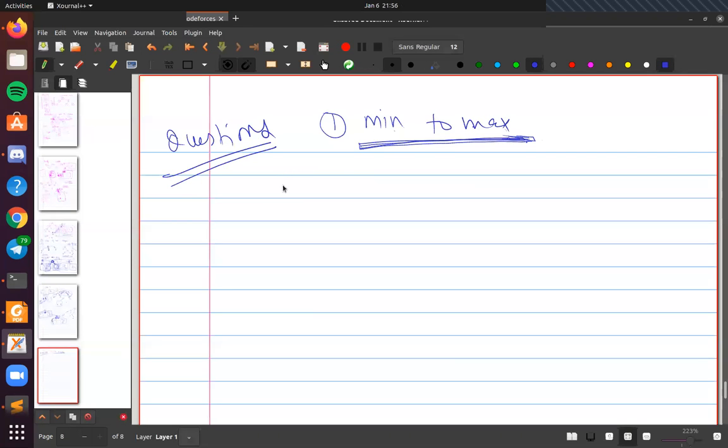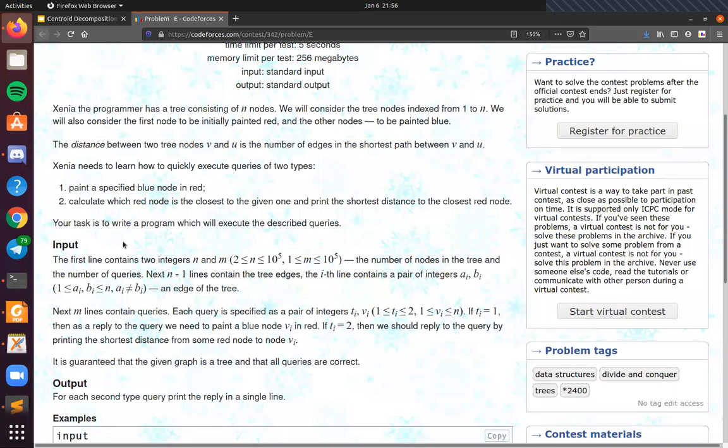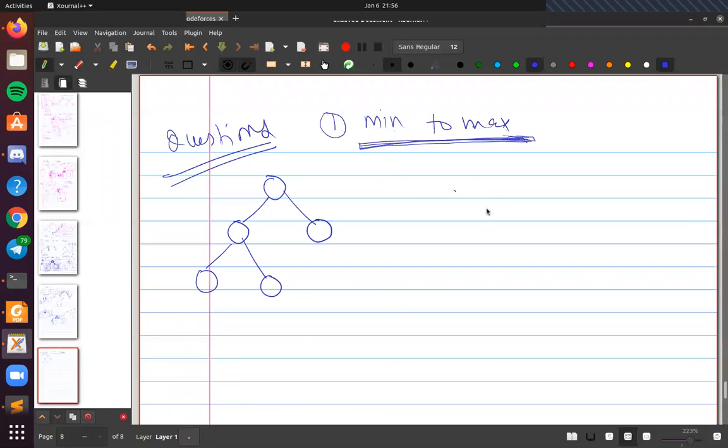Okay. So your solution is right. What we do is we build the centroid tree first. Why are we doing this? You have to tell which red node is closest to the given one and print the shortest distance. So let this be any node. This is my current node A, and I have to tell the closest red node.